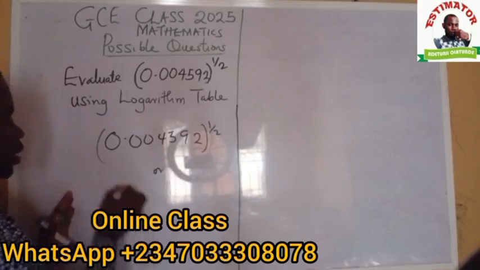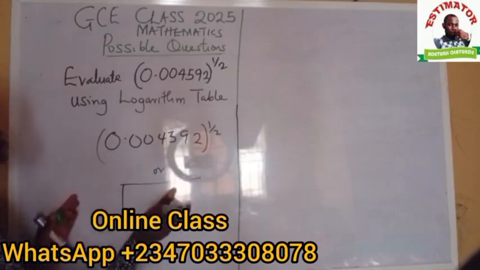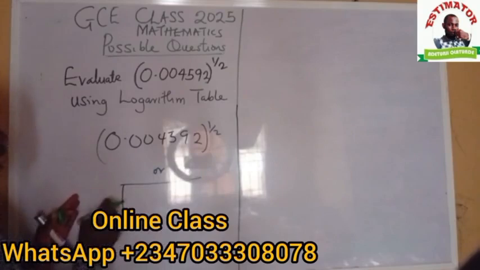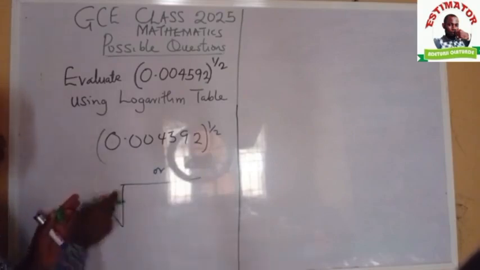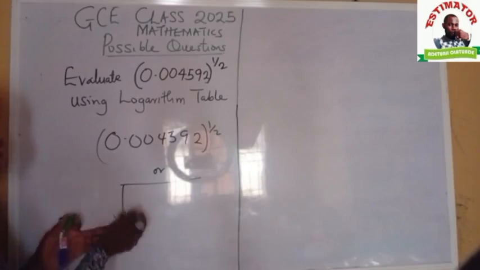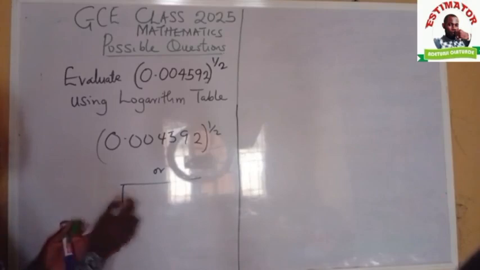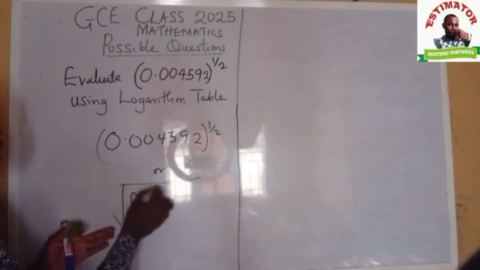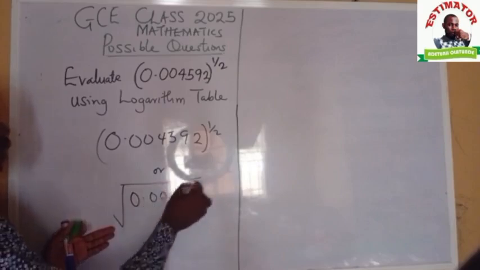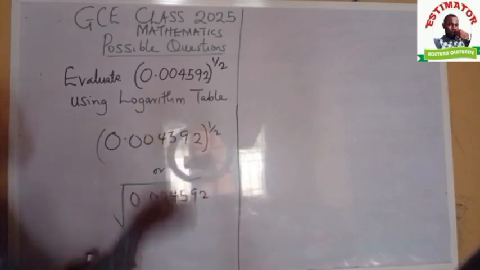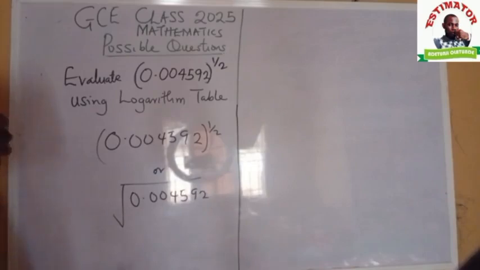We can also write it in the form of a root by putting the denominator at the outskirts of the root, saying that I have a square root. The least number of the root is 2. I don't need to put the 2 there, but you know that 2 is already there. So I'm having 0.004592. Any style you are used to, just use it very well.